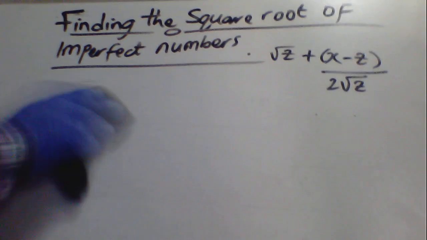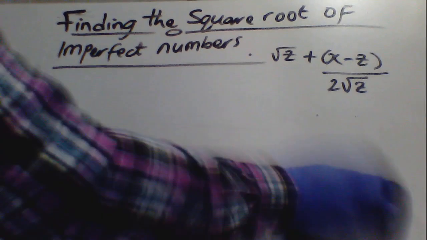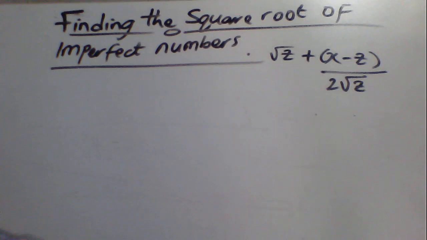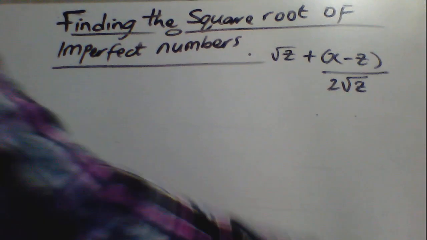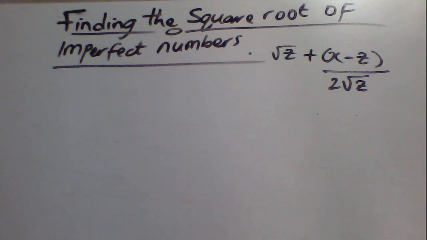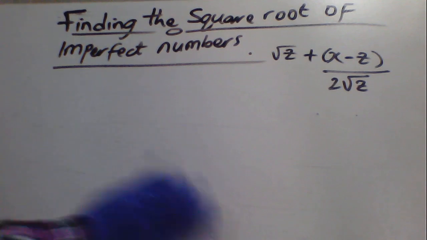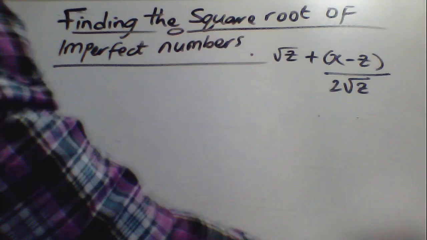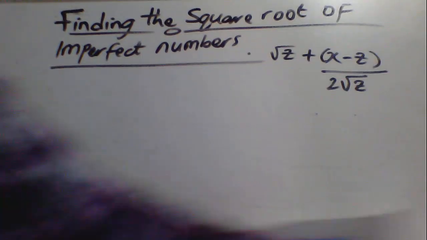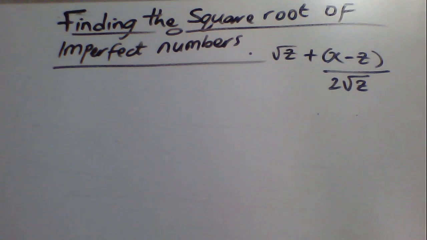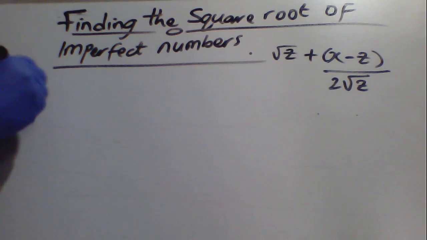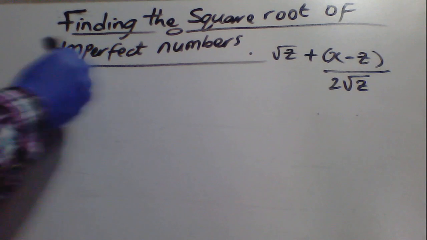The third example is finding the square root of 31. How do we find the square root of 31?